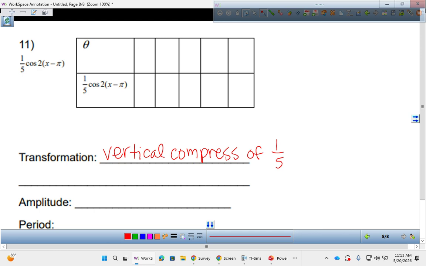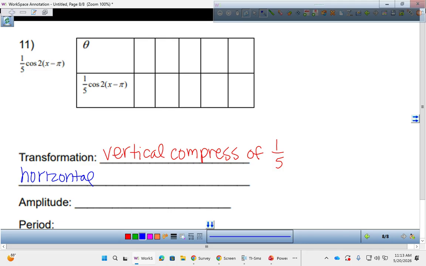Now the 2 is called a horizontal. Now the 2 is like a 2x. It doubles the speed. When it doubles the speed, it makes this part faster. Right? And if you're faster, you're finishing the race in a quicker time, right?